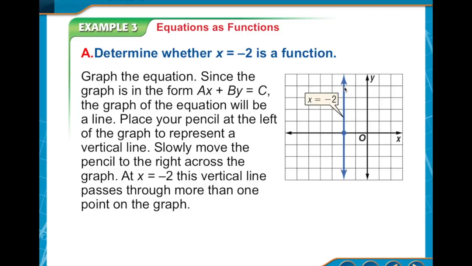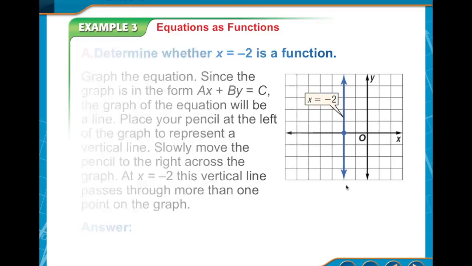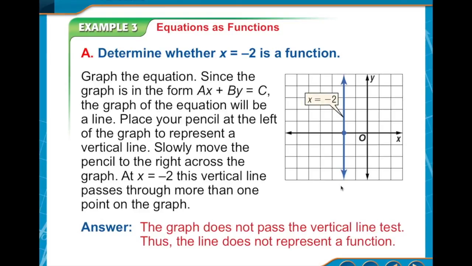If you put a vertical line right on this line, it touches at an infinite number of points, at many, many, many points. So would this pass the vertical line test? Absolutely not. It would touch at many, many points. So to answer the question, is it a function? The answer is no, because it does not pass the vertical line test. So this cannot be a function.